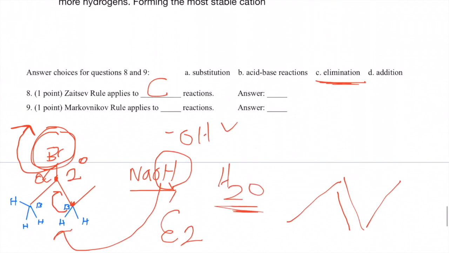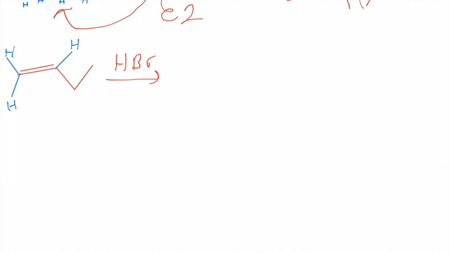Going back to the example, looking at the two carbons of the double bond, the carbon that has more hydrogens, which is the carbon on the left side here, will be the one that attacks the hydrogen on the hydrogen bromide seen here. The hydrogen will go to this carbon here, because it has more hydrogens coming off of it. This in turn forms a more stable carbocation later when the reaction is completed.